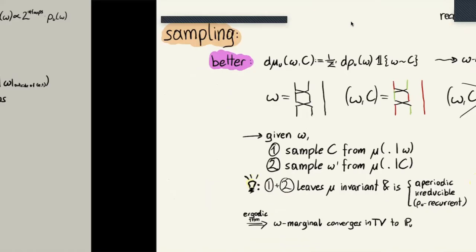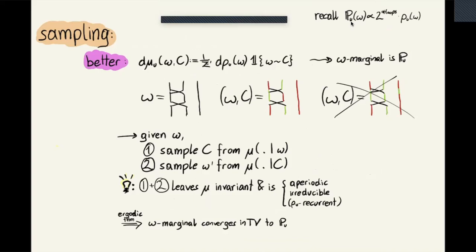So what's a better way to sample from this measure? It is kind of analogous to the Swendsen-Wang dynamics. So we decorate our state space. Instead of only considering link configurations omega, we also consider colorings C. This coloring C is said to be compatible with a link configuration omega if the color on each loop is constant.